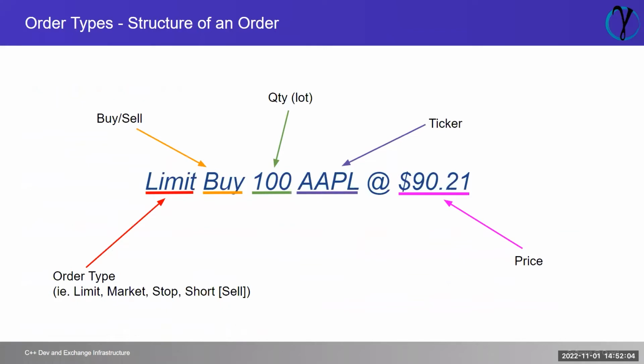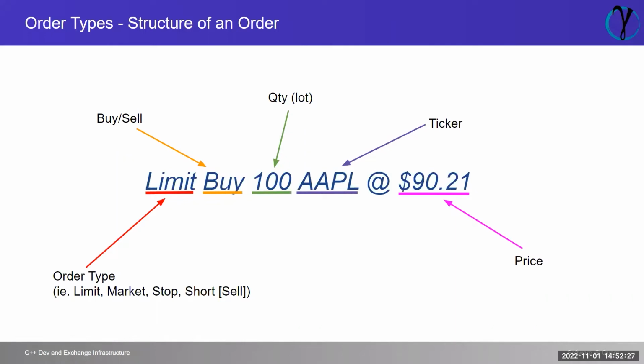This is what we're going to be using. There may be other ones that I don't remember, but here's what we're going to be using today. Again, the first one, limit, talks about the type of order. So we have market order and limit order today. There are also other ones, but we're not going to go over them. Buy or sell, that's basically bid or ask.